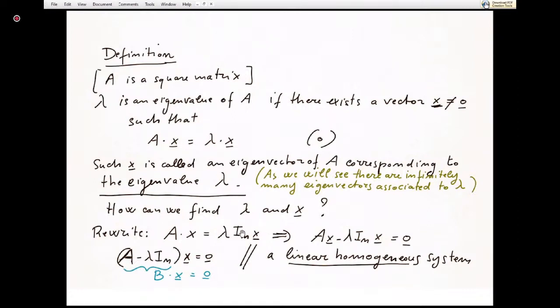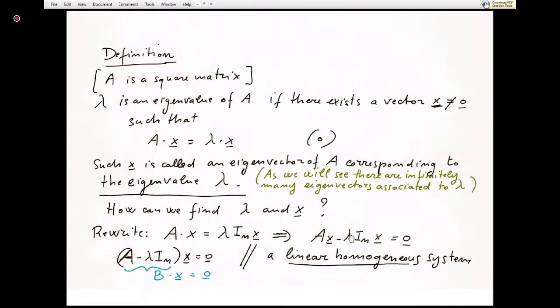So this is I and x is x by the properties of the identity matrix. Next, I move this to the left and I change the sign. Ax minus lambda identity x equal to 0. It is easy. Now, here there is a common factor, which is x. So I can factor this in this way.